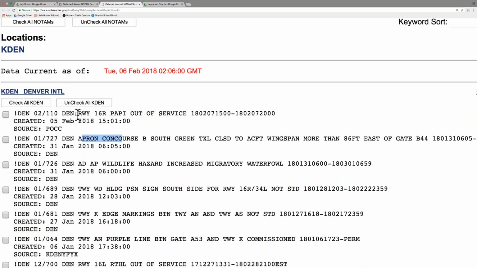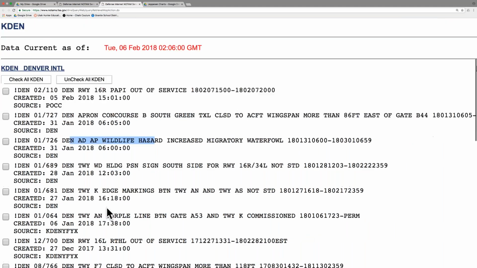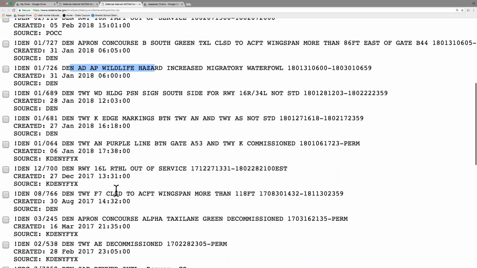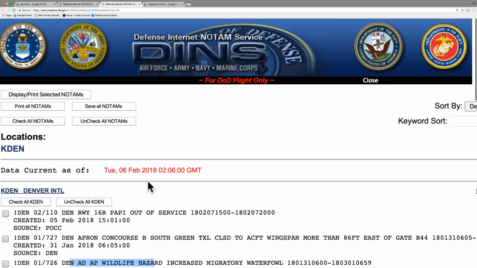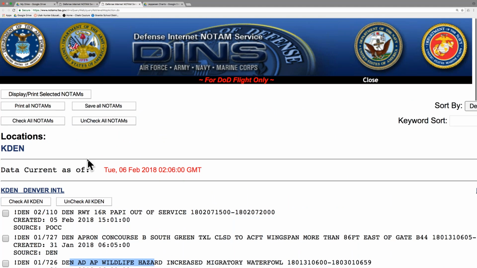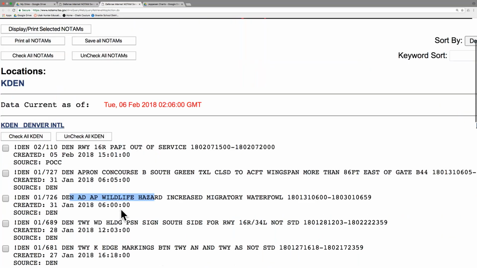We're concerned about what's happening on the runways, the airport as a whole. We're concerned about the navigation. Some obstructions, for the most part, aren't going to have a role in what we do as a dispatcher, but at the same time, you've got to pay attention to them because they can affect your approach into the airport.